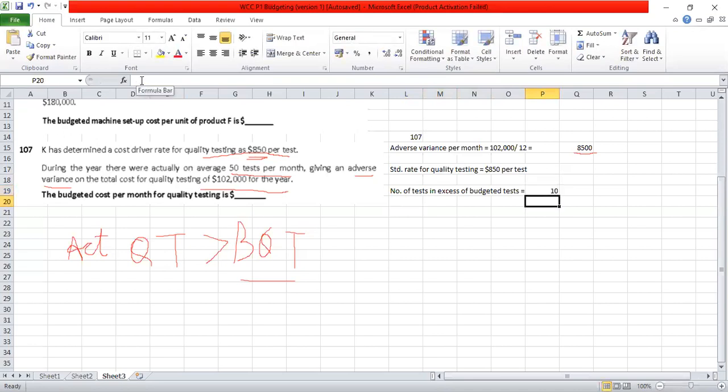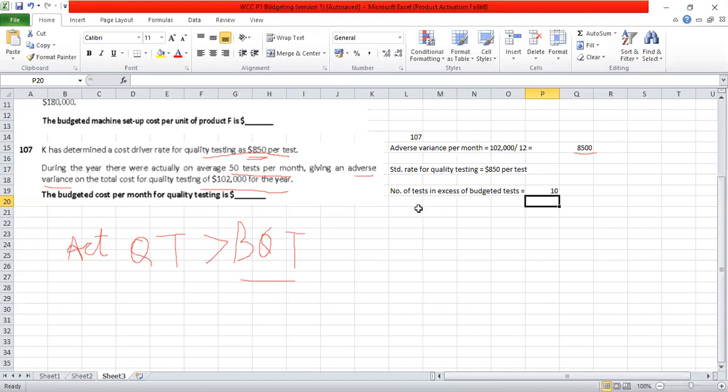They have used more tests, to the extent of 10 tests. The actual number of tests taken up during the period was 50. So how much would have been the budgeted number of tests? Less than that: 50 minus 10, because it's an adverse variance.